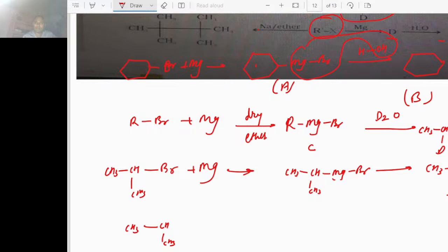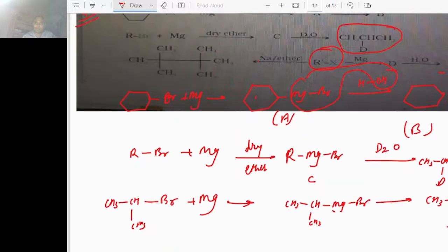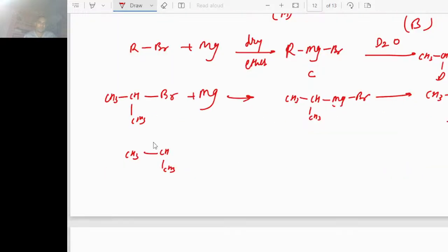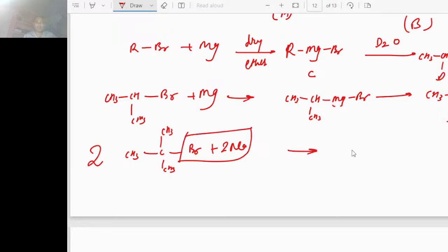One more CH3, and here it should be the X. Suppose it is Br. Treating with 2 sodium metal, student, you take this 2 also. So this will be out now, student. So it is going to give C.